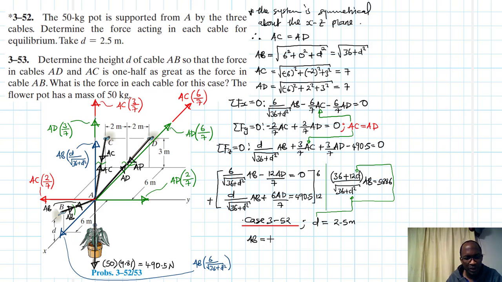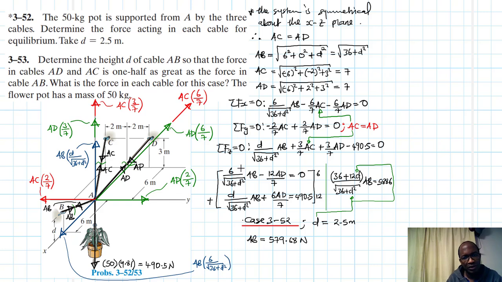So we have AB equal to 579.68 newtons. You work it out again: 36 plus 12 by 2.5 divided by root of 36 plus 2.5 squared, and then 5886 divided by the answer, 579.68. Okay, that is AB. So once we found AB, we can find AD and later on find AC.